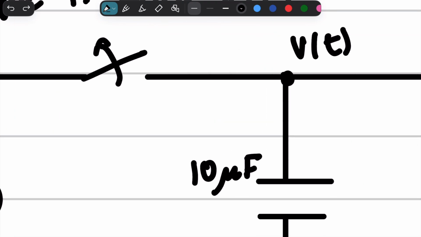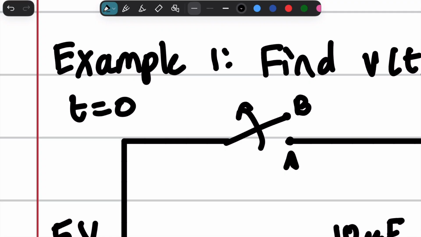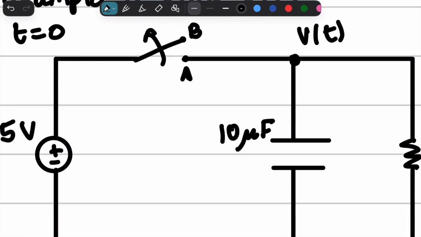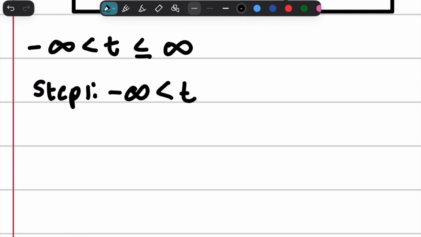So originally, the switch was closed, and then at time equals 0, the switch opened, okay? It just opened like that. So we want to figure out what the circuit was doing when the switch was closed, okay? So before it opened, right?